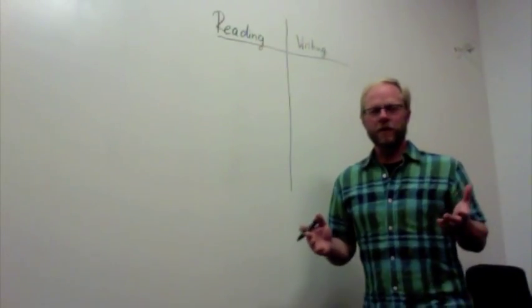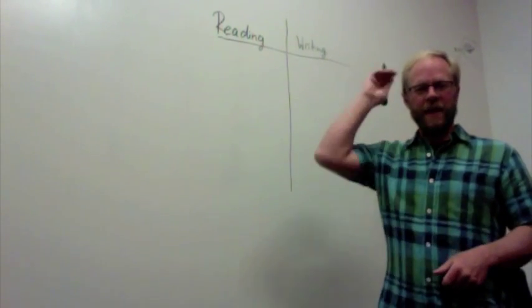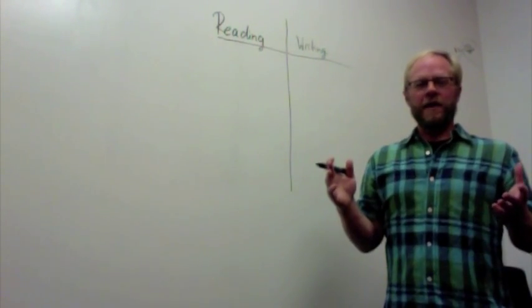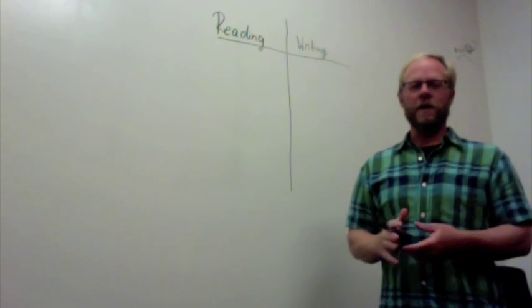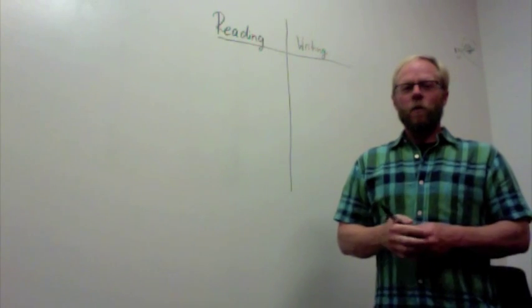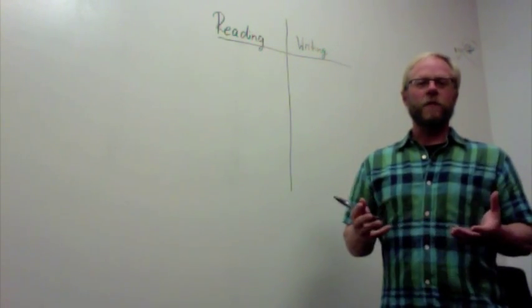You might be a teacher who teaches math or science, and so you feel that there isn't a whole lot of direct reading instruction or writing instruction that goes on in your classroom. What I'd like to challenge you to think about is reading from a slightly different perspective.